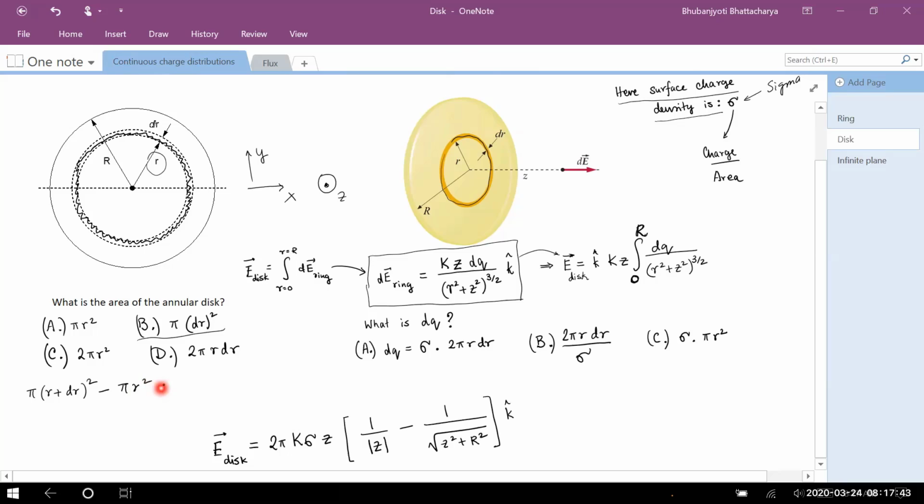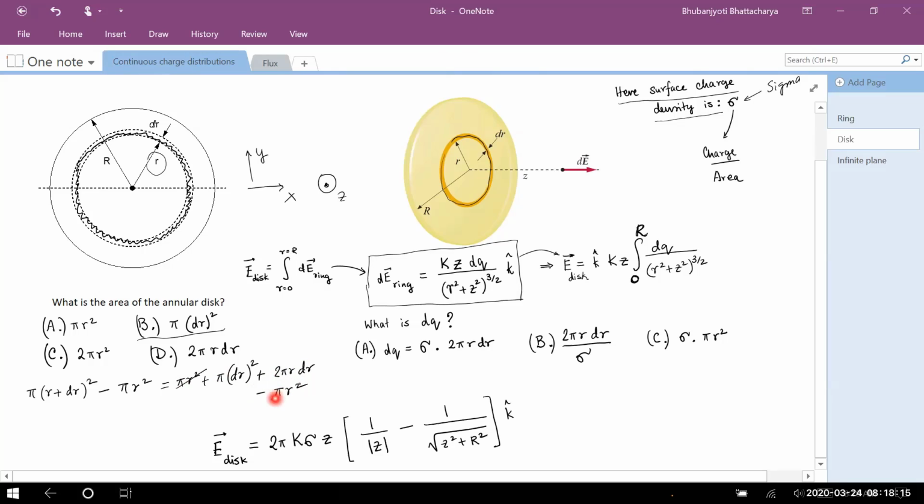If you do the algebra, if you break this (r plus dr) squared using the (a plus b) squared formula, you get pi r squared plus pi dr squared plus the cross term, which looks like 2 pi r dr, and then you have a negative pi r squared from the other circle.